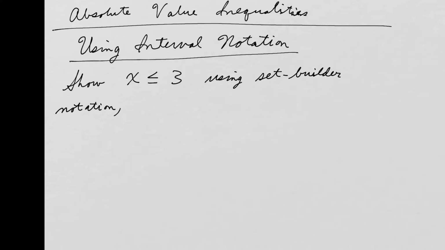Then I want to show it using interval notation, so I'll describe what that is. And I also want to illustrate it using a graph. So how would we graph this inequality on a real number line? Okay, so let me start off with set builder notation.